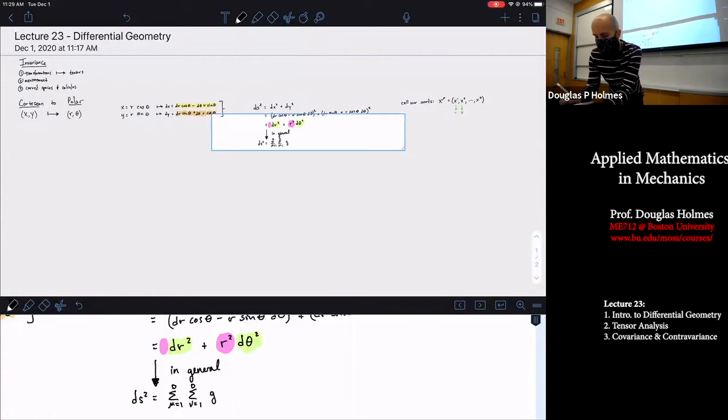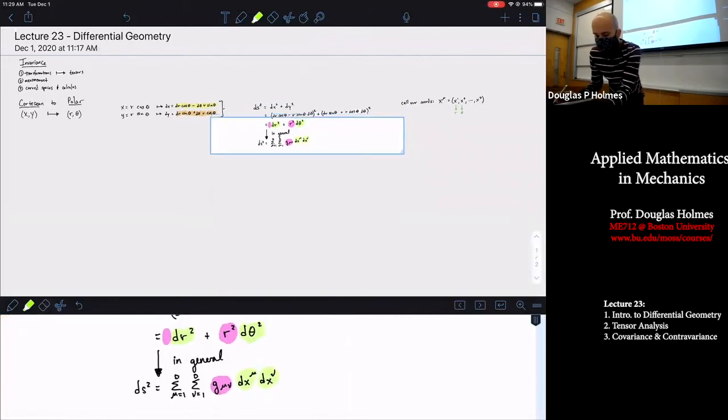I'm going to call it g, which has the subscripts of mu and nu, times our infinitesimals dx mu, dx nu. Now let me just highlight some things here. This quantity is going to contain all the stuff in pink above, and these quantities are our coordinates.